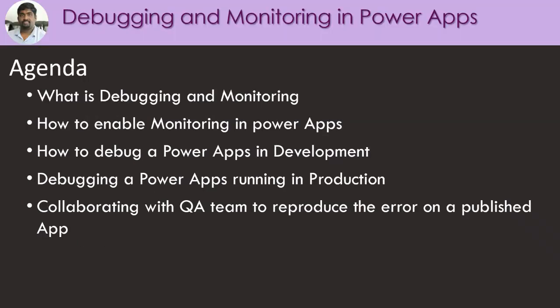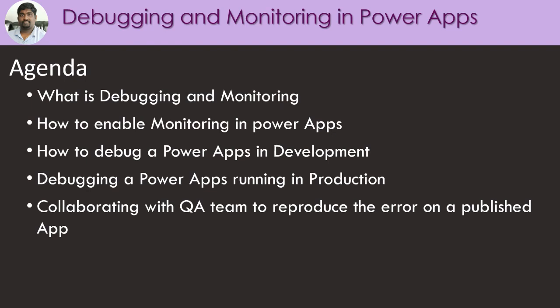So what is today's agenda? Today's agenda is to understand what monitoring is, why we should know it, and how to enable it; how to debug a Power App in development and also debug a Power App running in production.